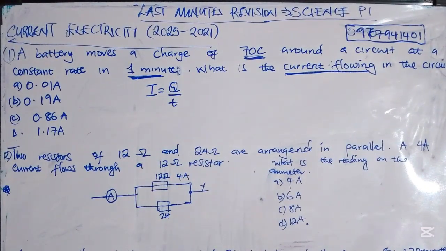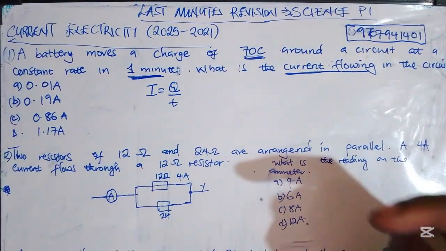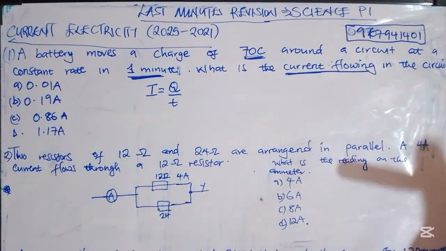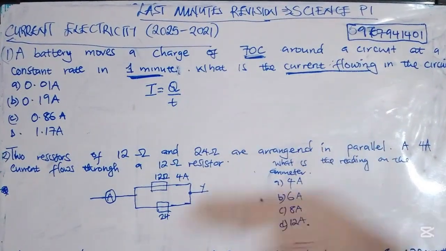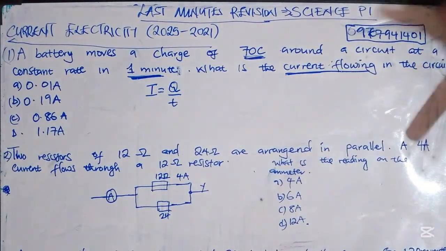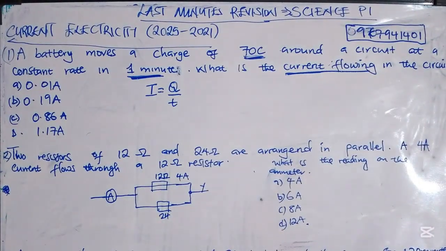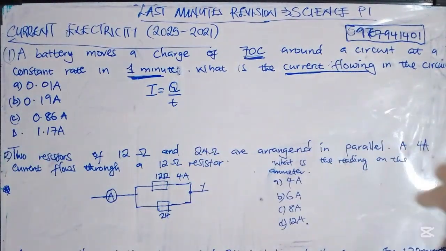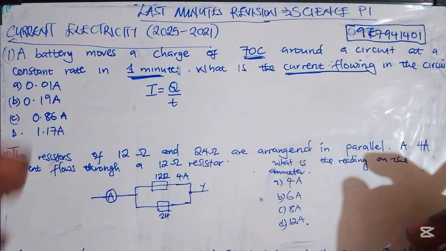This is the formula which we use whenever we are calculating current when we have time and charge. Remember, current has a lot of formulas, so you have to know which formula to use depending on what you have been given. For example, you can't use the formula for resistance and voltage because we don't have resistance and voltage here. So you have to keep that in mind.